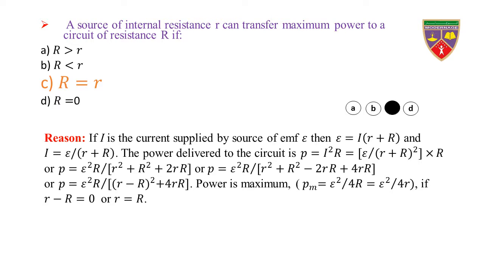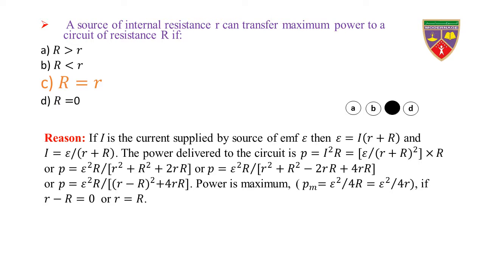Here we have added 2 small r into capital R, and also we subtracted 2 small r and capital R. Therefore, the power P is equal to epsilon square into R divided by [(small r minus capital R) whole square plus 4 r into capital R].